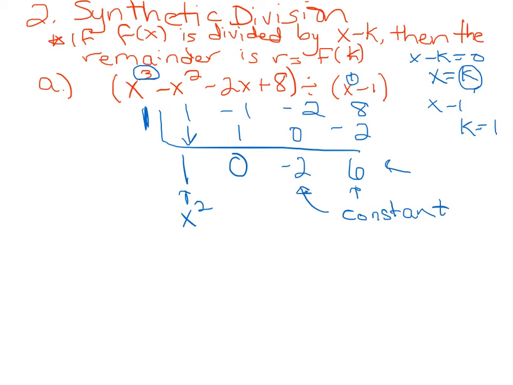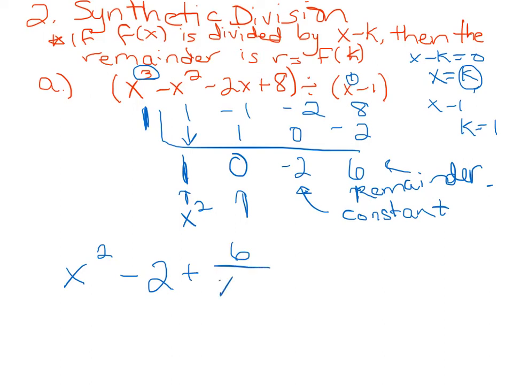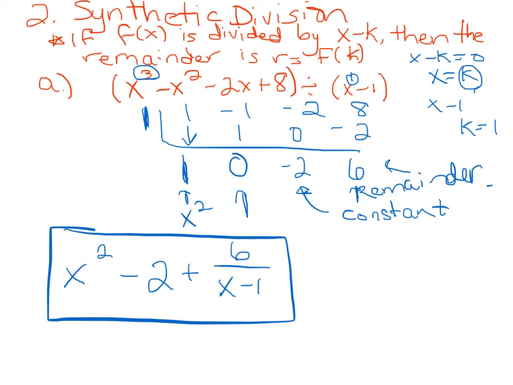Here is your remainder. So when we divide this, our answer is going to be 1 x squared. There is no x term because we have a 0 here, minus 2 plus 6 over what we were dividing by, which was x minus 1. And there you have synthetic division.